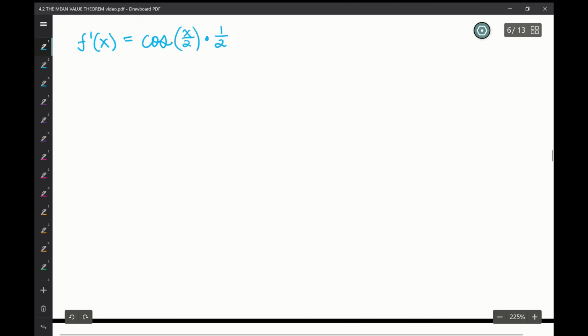So f prime of x is equal to 1/2 cosine of x over 2. And we're interested in where this is equal to 0. So we'll start solving for x. First, I'll multiply both sides by 2, so I'm left with the cosine of x over 2 is equal to 0.